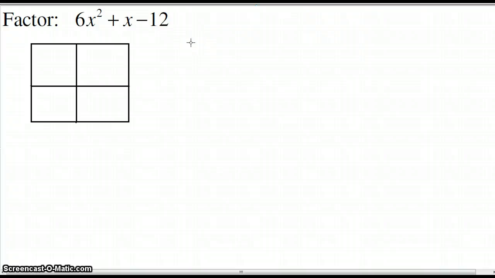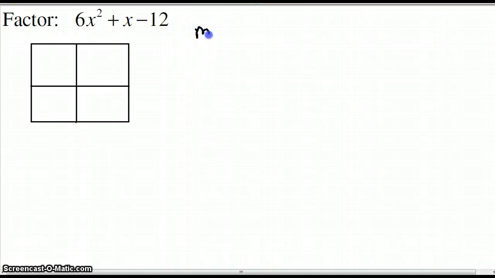The goal in mind behind this method is to make the factoring simpler, to make it just as simple as factoring something that has as its leading term just an x squared. And so in order to do that, though, we need to do a couple things first. And so we start off by multiplying the a times the c.